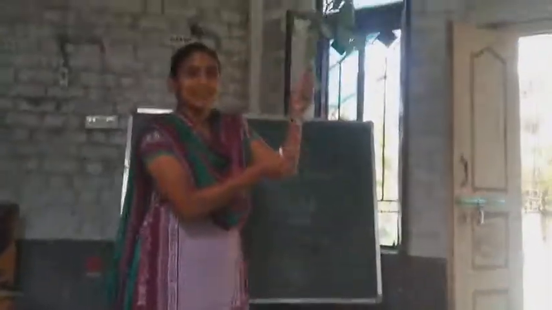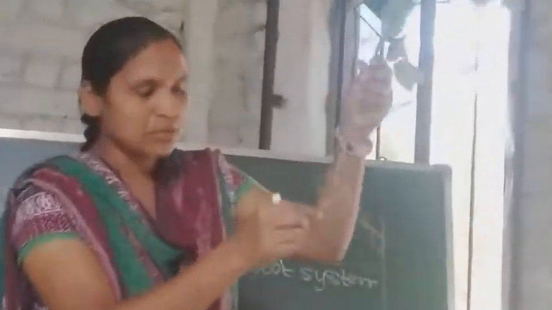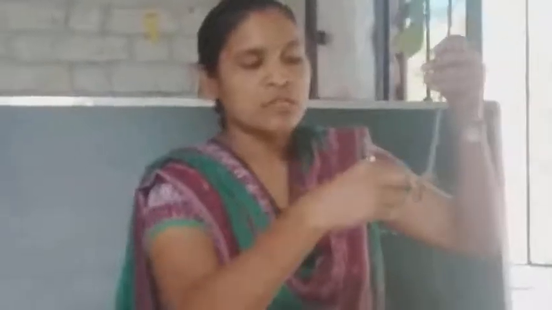See here, guys. When we observe this root, it has a big root in the middle. From that middle root, the small roots arise. So this type of root system is known as taproot system.